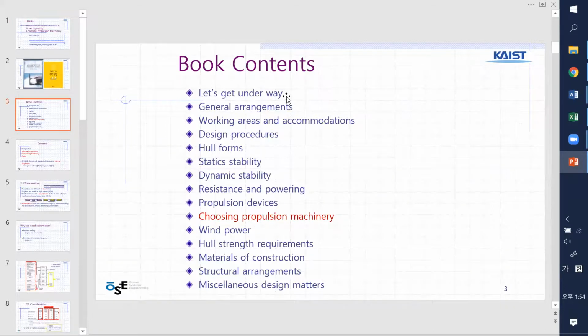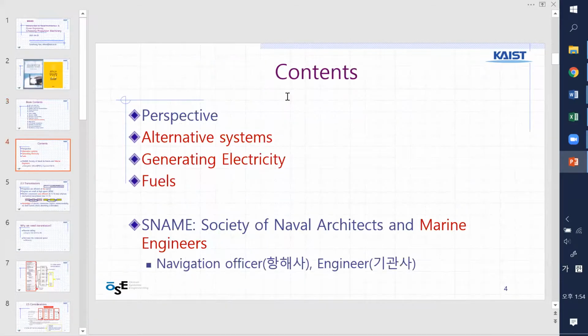After that, we will go on to the ocean engineering textbook. So I will cover generating electricity and fuels. And you remember that the society in the United States is named Naval Architecture and Marine Engineering.